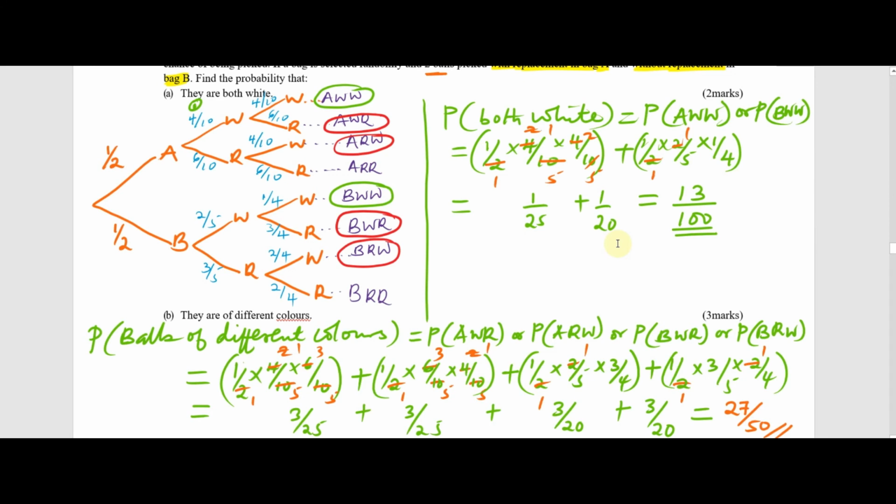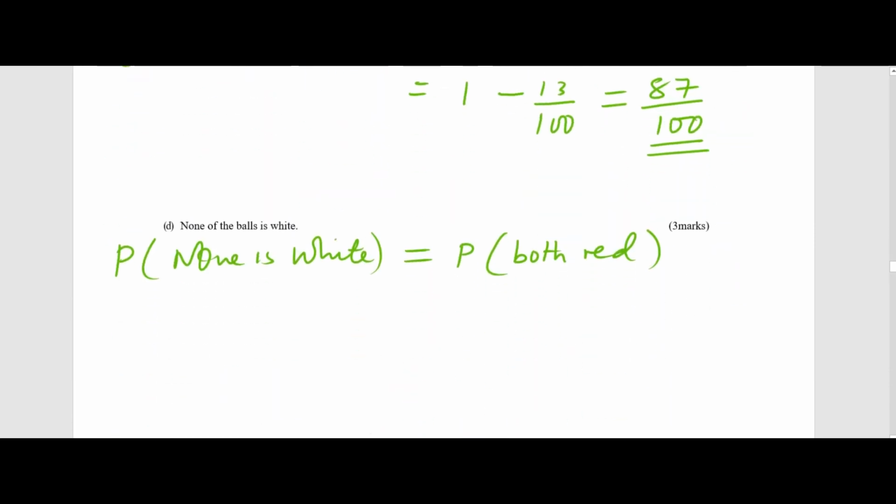So in bag A we have red, red, and in bag B, that is where we shall get to. So the probability that both are red is given by probability A red red, or probability in bag B both are red.